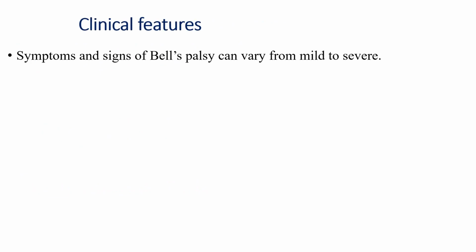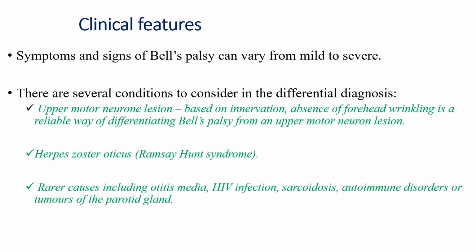When we see the clinical features of Bell's palsy, signs and symptoms can vary from mild to severe. There are several conditions to consider in the differential diagnosis, including upper motor neuron lesion. In this case, based on innervation, absence of forehead wrinkling is a reliable way of differentiating Bell's palsy from upper motor neuron lesions such as stroke.